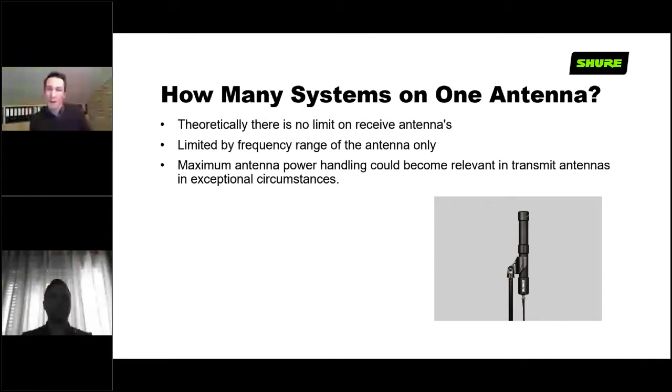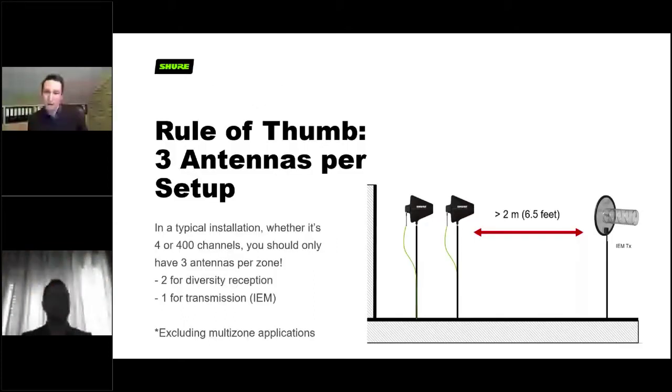Then we can take that a bit further, and say we have a rule of thumb: for every setup, no matter whether it's 4 channels or 400 channels, you always have 3 antennas per zone. With 3 antennas, we mean 2 antennas for diversity reception for your receivers, and then 1 antenna for transmission.